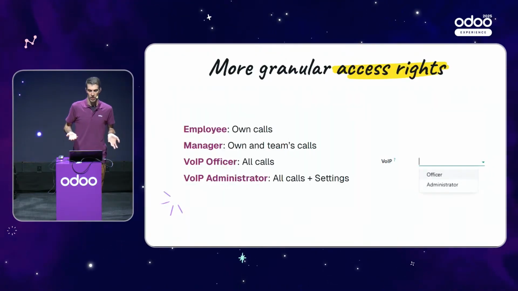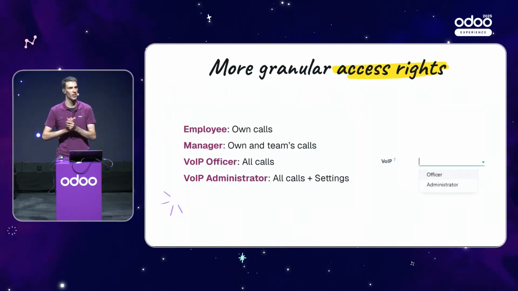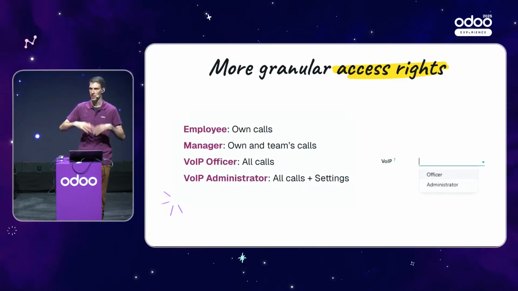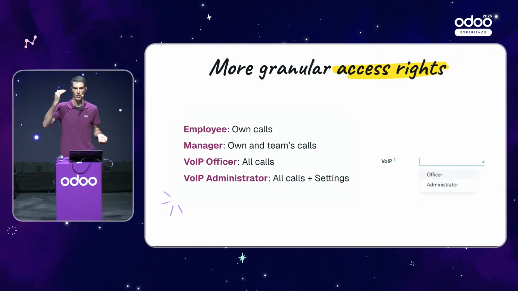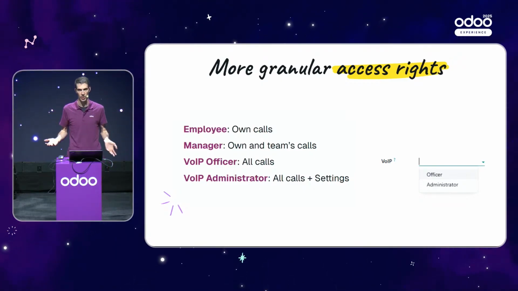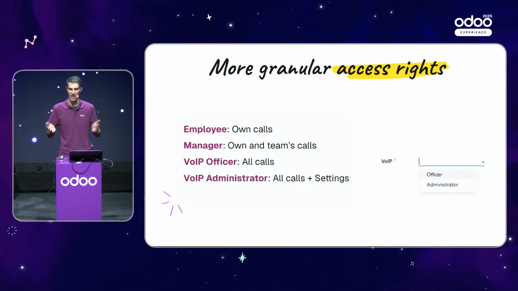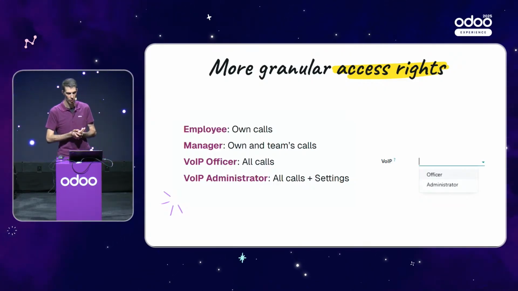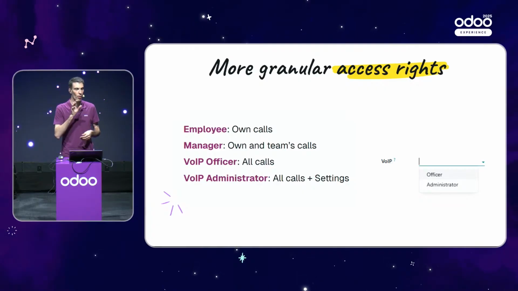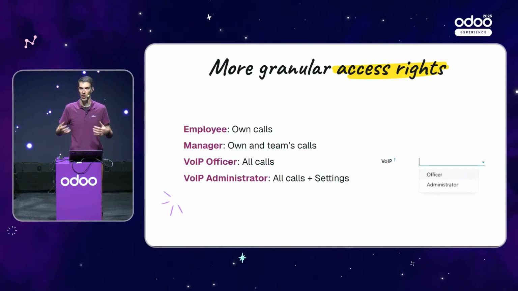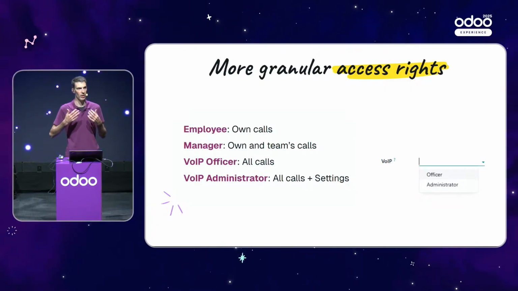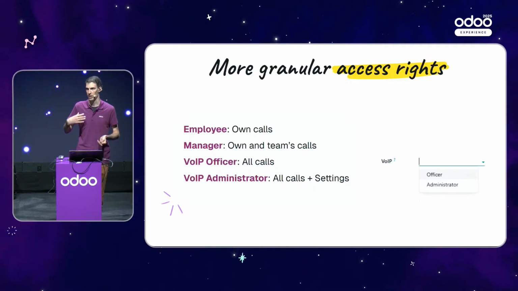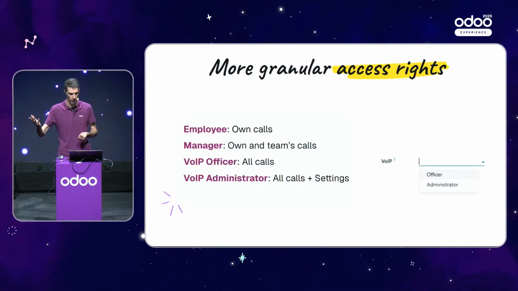We've also made improvements to more granular access rights. So you can see the access rights around Odoo Phone in 4 different tiers. We have first a regular employee who will have access to their own calls when they go to Odoo Phone. The employee's manager will have access to their own calls and to their team members' calls, and the manager is set up on an employee form view.